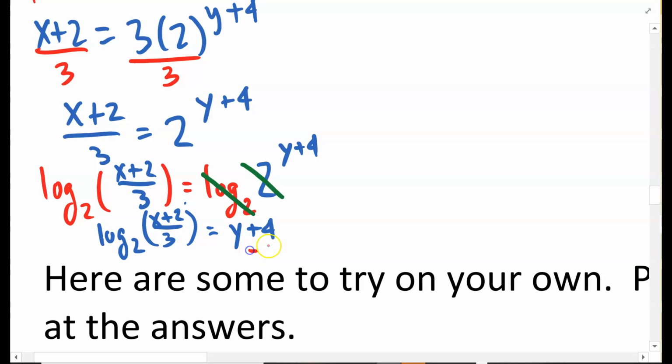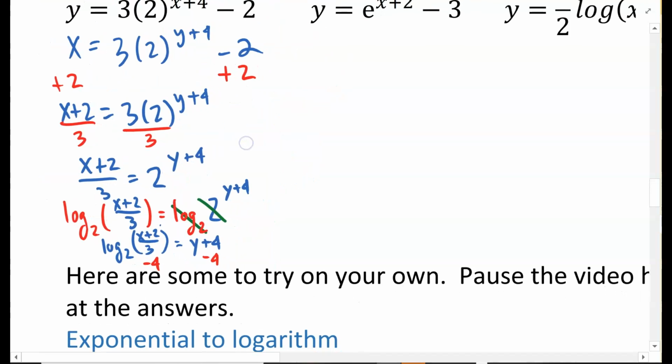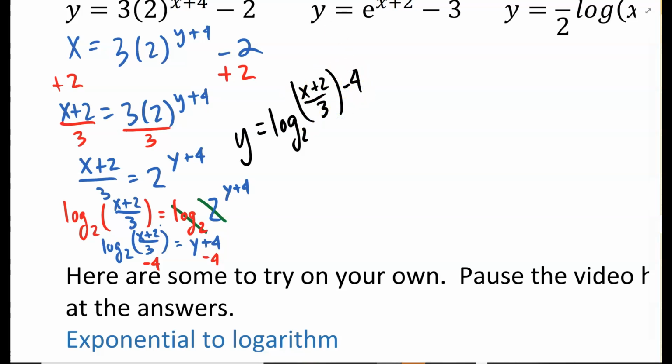We know we have to subtract 4 on both sides, and so that gives us a final answer of y equals log base 2 of x plus 2 over 3 minus 4.